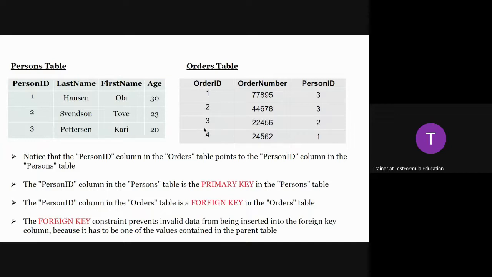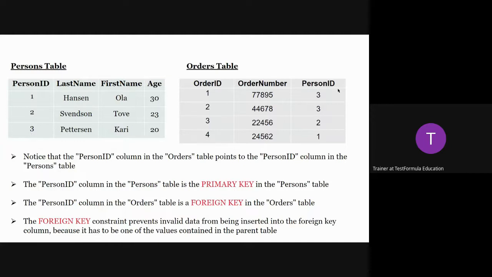On the other hand, when we want to connect the two tables, we first want to look at what the common column between them is. Without a common column, there's no way to connect the tables. In this case, we have a person ID and a person ID here, so person ID is the common column. Person ID in the persons table is a primary key.